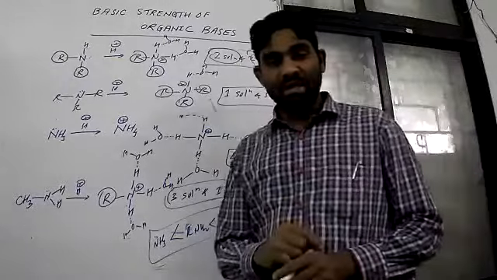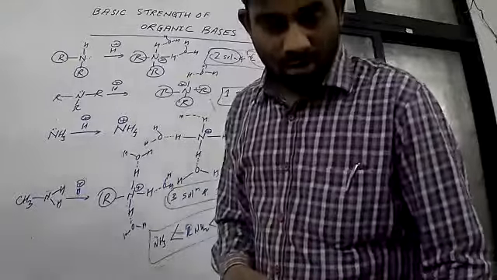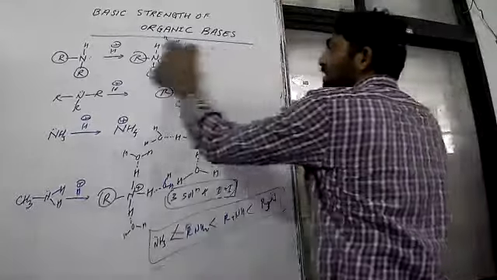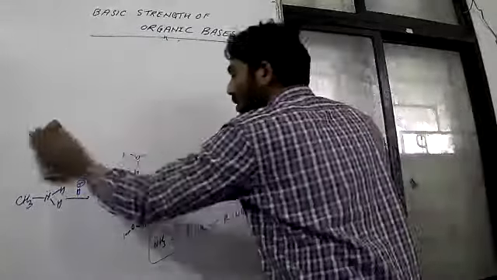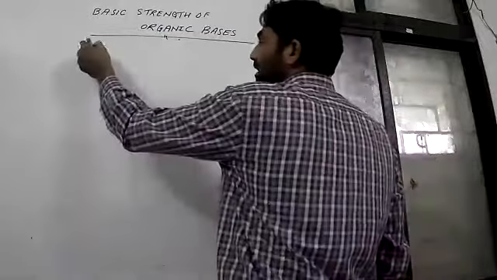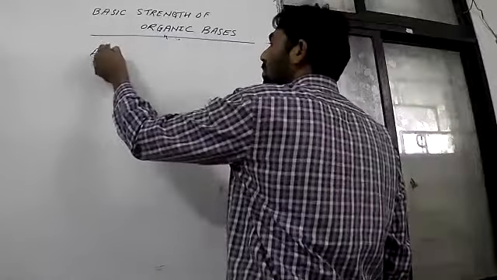So hope you have understood this. Let us go for the next important point, that is the basic strength of aromatic compounds. Very simple. Basic strength of aromatic compounds or aromatic amines.